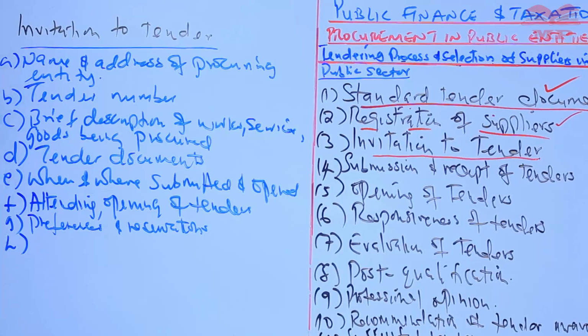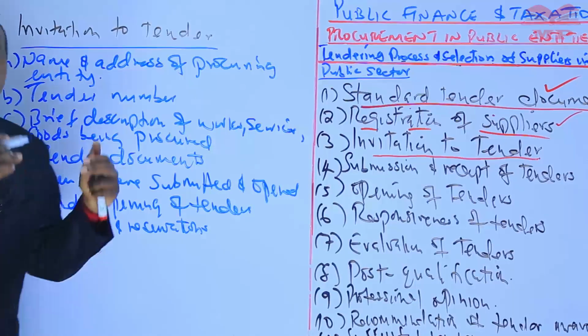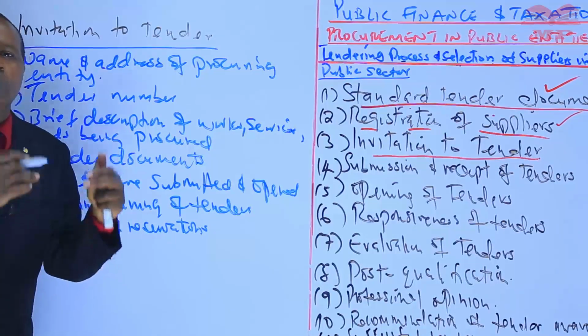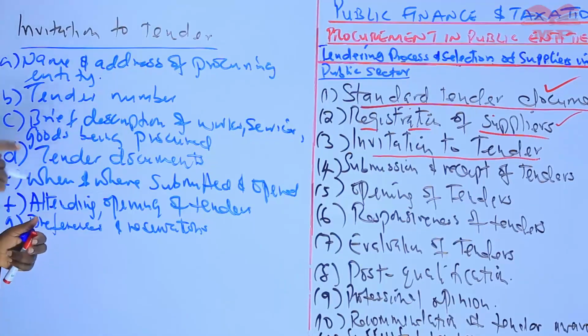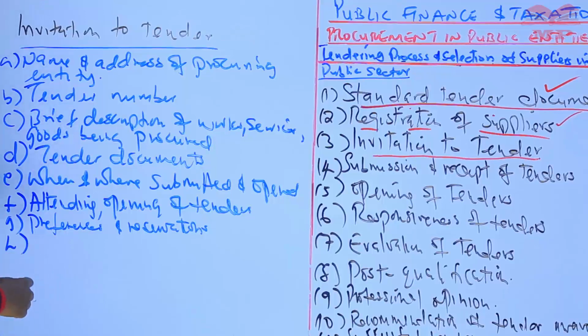H is a declaration that the tender is only open to those who meet the requirements for eligibility. There ought to be a declaration by the accounting officer that the tender is only open to those who meet the requirements for eligibility.